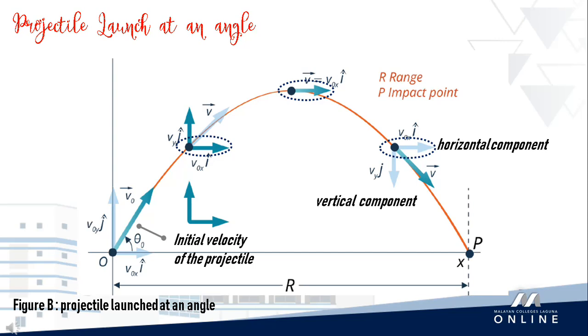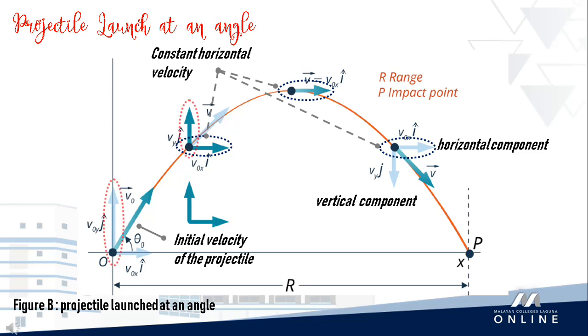You may notice that the arrows in the x-axis have the same length, signifying a constant horizontal velocity. Now, let us look at the arrows found in the y-axis. We will notice from this illustration that the arrows become shorter as it goes upward, signifying a decreasing velocity until it reaches this point C.